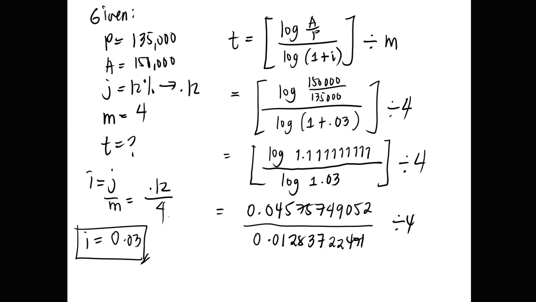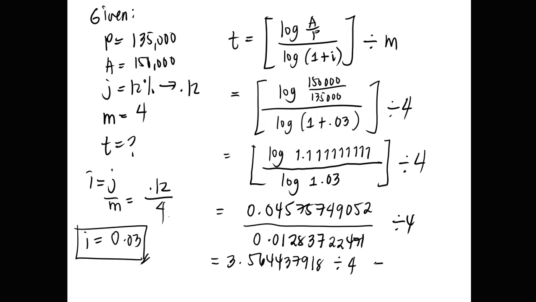Of course, second to the last step po is you will divide 0.04575749052 divided by 0.0128372247. So, answer is 3.564437918. Last step is you will divide it to the M, which is 4.